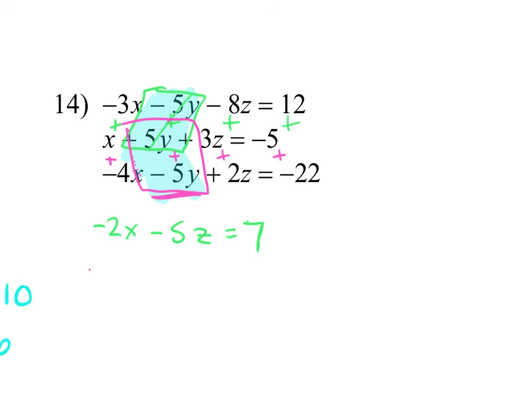Negative 3x. What is 3z plus 2z? 5z. And what is negative 5 minus 22? Negative 27. What do we do next?